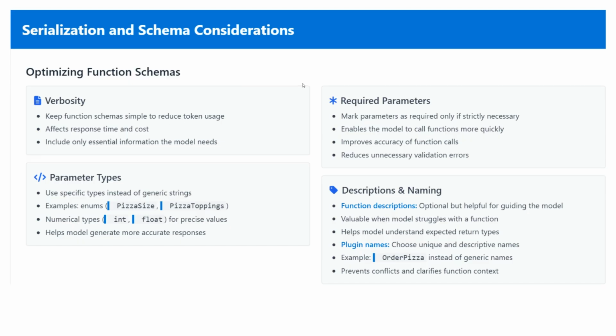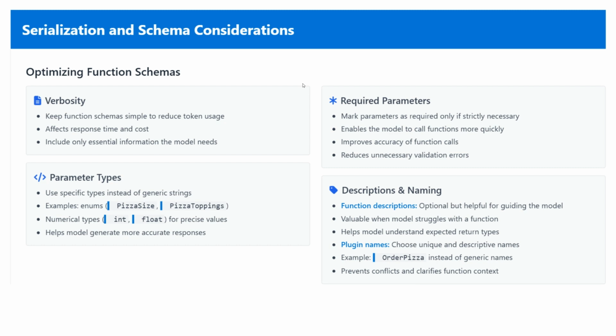Okay, before wrapping up, let me share with you some considerations. To improve function schemas, consider a few key points. To start, keep schemas simple and concise to reduce token usage and improve response time and cost. Next, use specific parameter types like enums for sets of choices and numerical types like int or float for precise values.